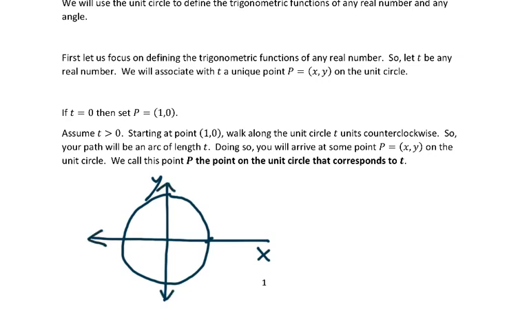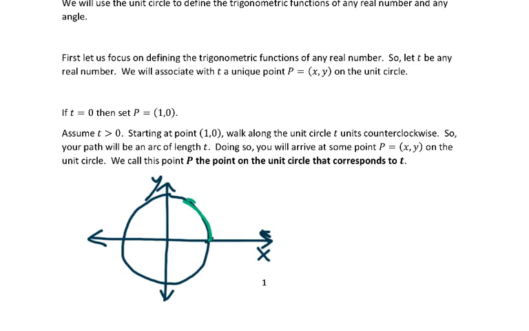Now, what if T is positive? Well, then the idea is you're going to start at this point (1, 0). You're going to walk along the unit circle in a counterclockwise direction. And you're going to keep doing that until the arc you form is T units long. And that's really what I'm trying to say here in the notes. So again, you're starting here. You're going to walk counterclockwise until you travel the distance of T units along the unit circle.